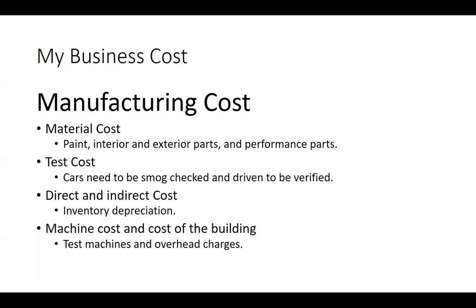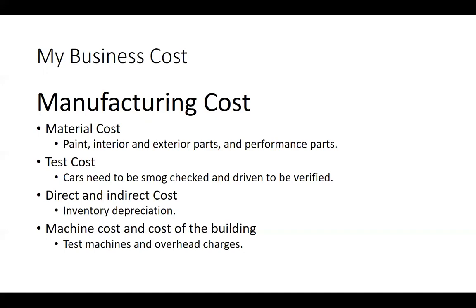You have test cars. Once cars are fully serviceable, they will go through a small check and they need to be driven to be verified. Of course, we have direct and indirect costs, and indirect costs will be inventory depreciation. Of course, having a lot of supplies on hand, and after non-usage or no sale, depreciation comes into effect, and that is indeed a cost.